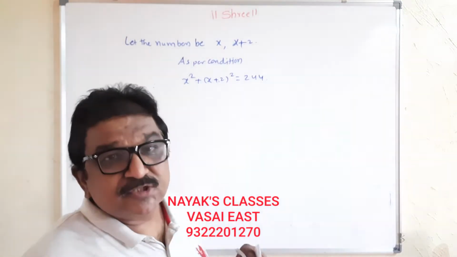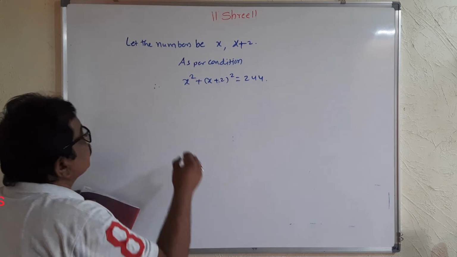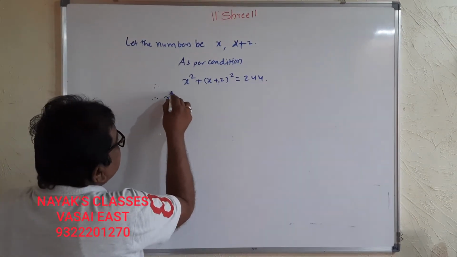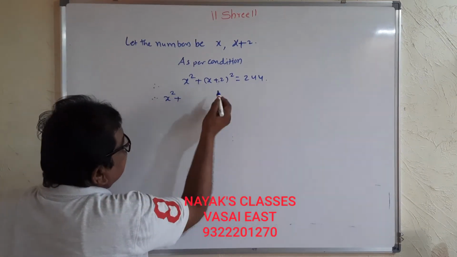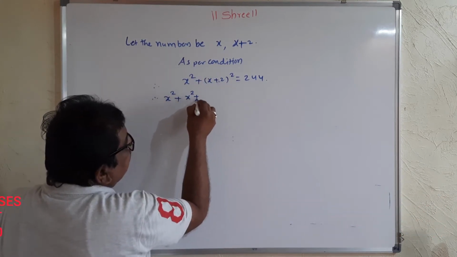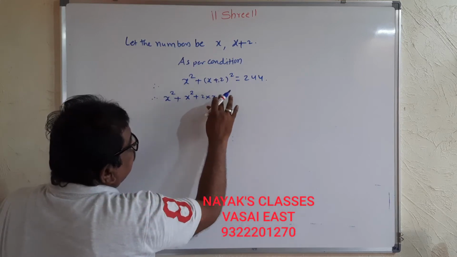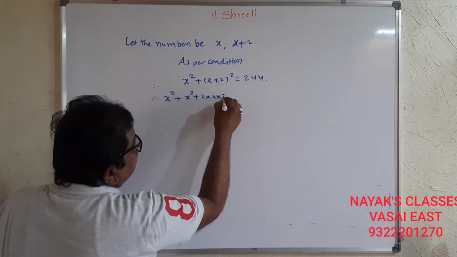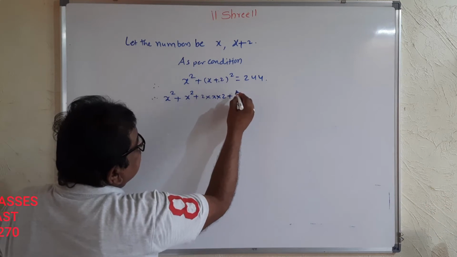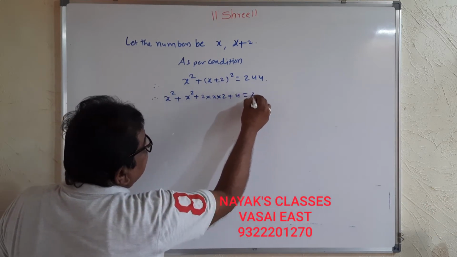So it will be x square plus, using a plus b the whole square, x square plus 2 into x into 2 plus 4 is equal to 244.